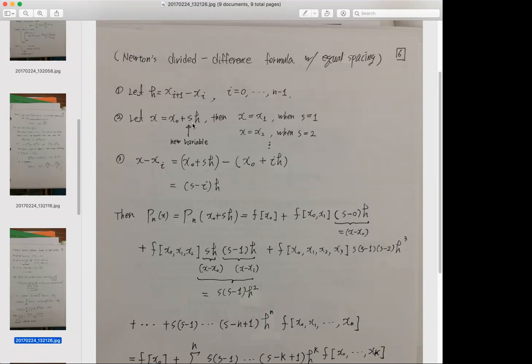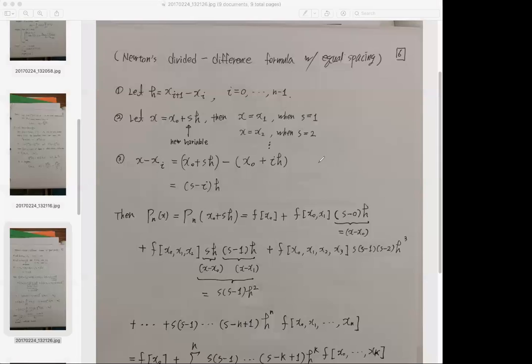Here s is a new variable, and s is a real number.